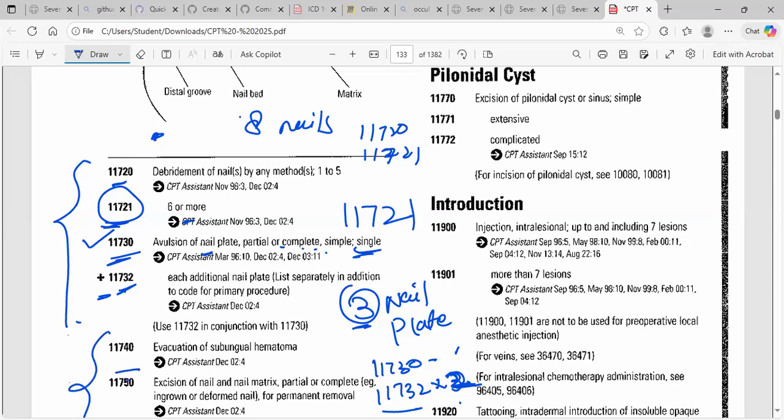Next, we have evacuation. If the patient is coming for the evacuation of subungual hematoma, meaning if there is any collection of blood at the bottom of the nail, that is subungual hematoma.